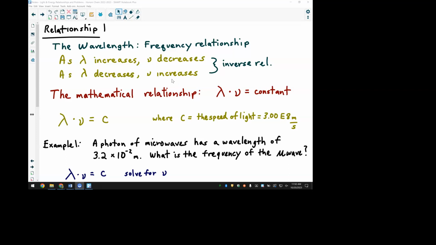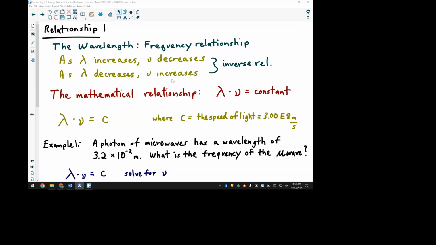Now, the mathematical relationship for this, okay, this is a classic inverse relationship. The classic inverse relationship mathematically is x times y equals a constant. If you ever graph that, you would find that it gives you a graph kind of like this, an inverse graph.